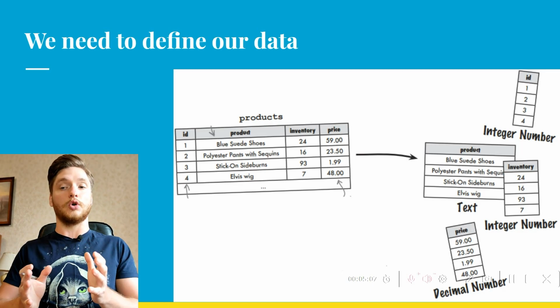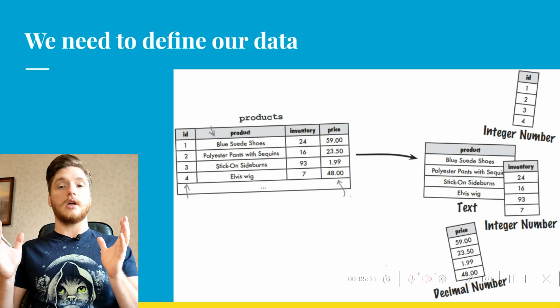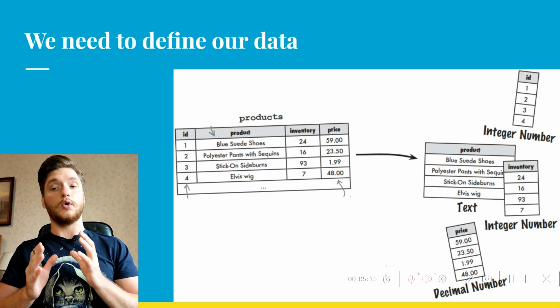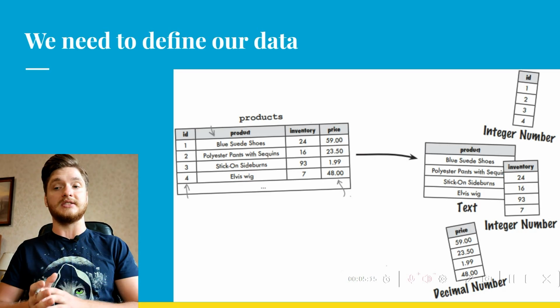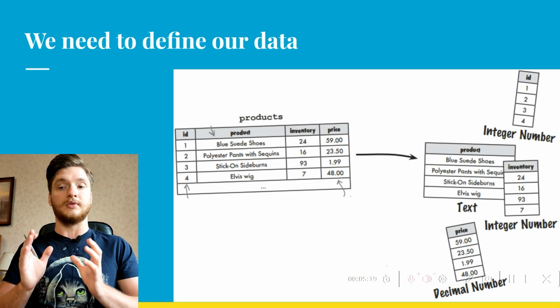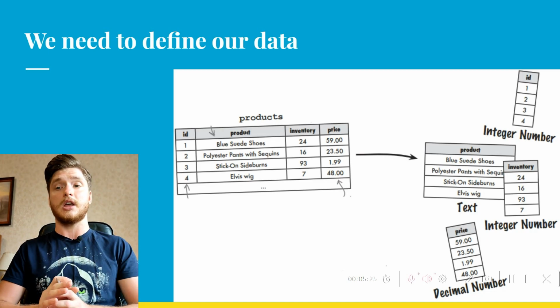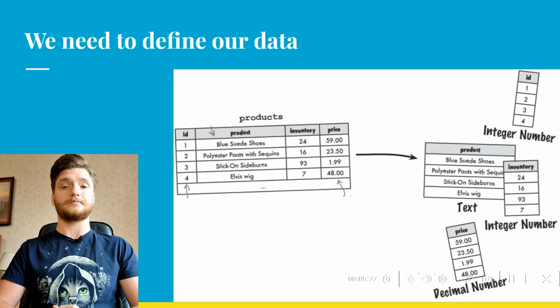Also, if it knows what kind of data a column holds, the server won't allow you to accidentally insert the wrong type of data. So if you have a column that holds a date, you will receive an error if you try to insert anything except a date in that column.